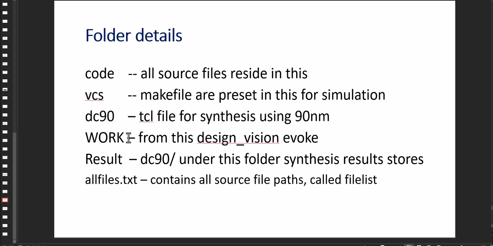The work folder is where we actually run Design Vision for the synthesis. There is a result folder, and under that there is a DC90 folder where the synthesized results or netlist is stored. Obviously there is a file list which we already saw, all_files.txt.